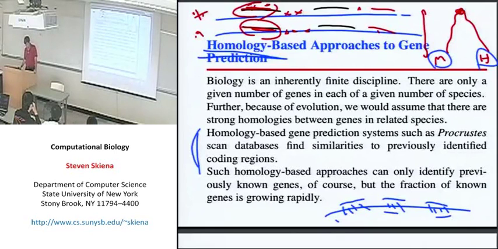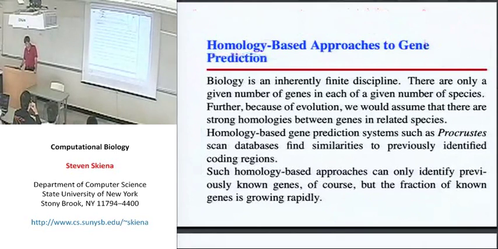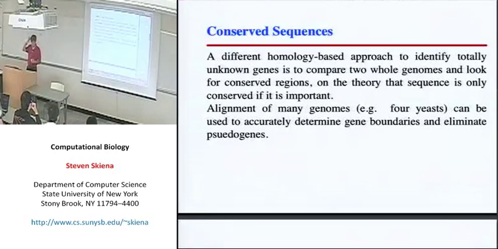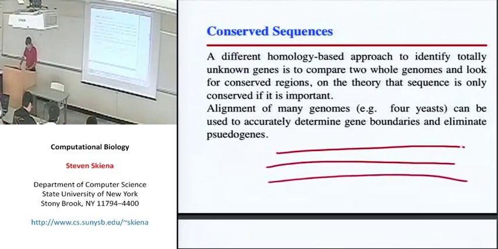In fact, the way that people will really identify the absolute boundaries of genes is by aligning many different species together. There was a very interesting study done where a group, I think it was MIT, sequenced 4 different strains of yeast.